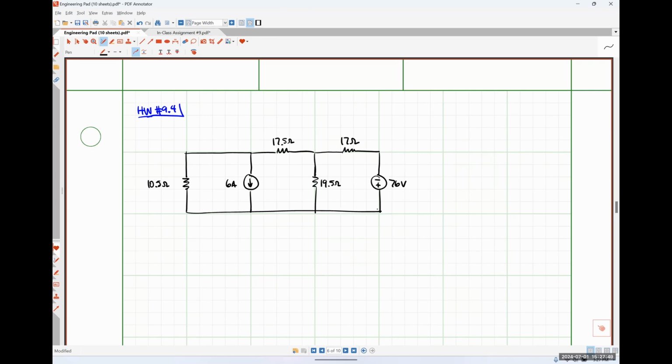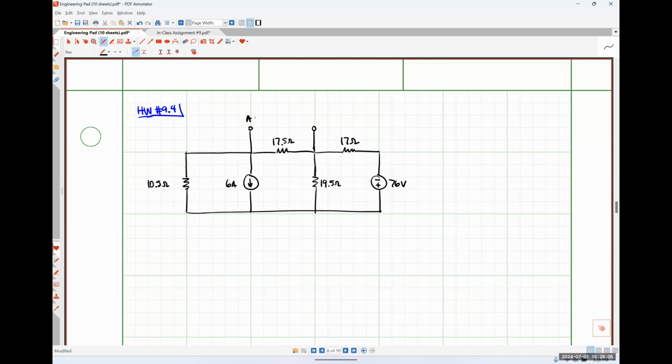Now, the way that this is drawn on WebWork, it calls them terminals, but they're drawn as if they were nodes. So I'm going to explicitly draw terminals here simply by just extending those nodes out.